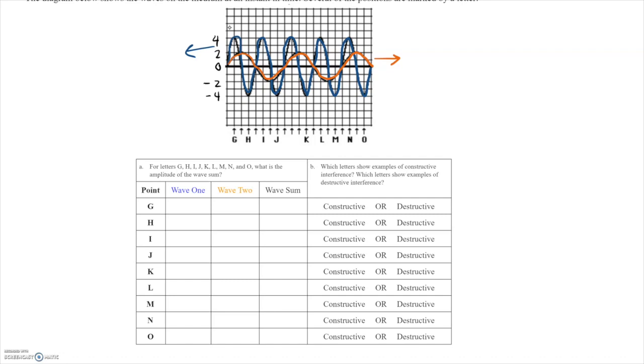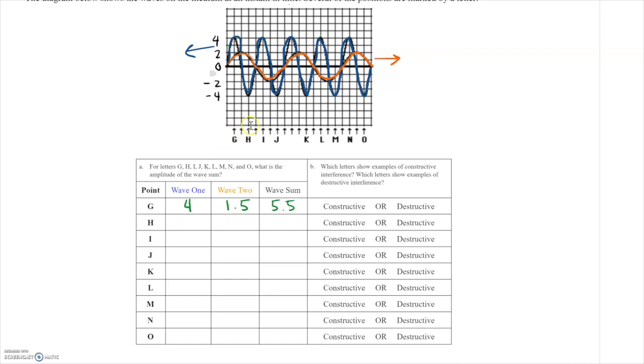Let's start with wave 1. At wave 1 over here, we can see that the amplitude is at a +4. I'm going to go ahead and mark that as green because it is a positive amplitude. And the amplitude for the second wave, wave 2, our orange wave, is about 1.5, which is also above the x-axis. And if we add these two values together, we get a wave sum of about 5.5 units.